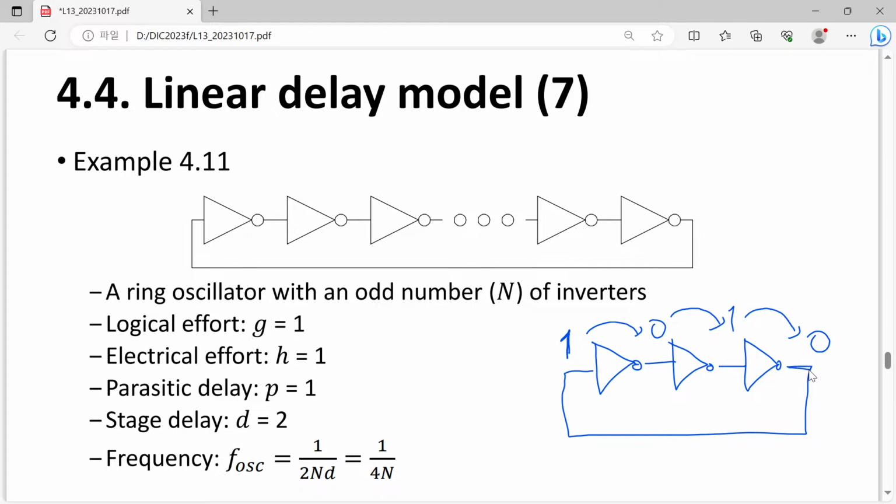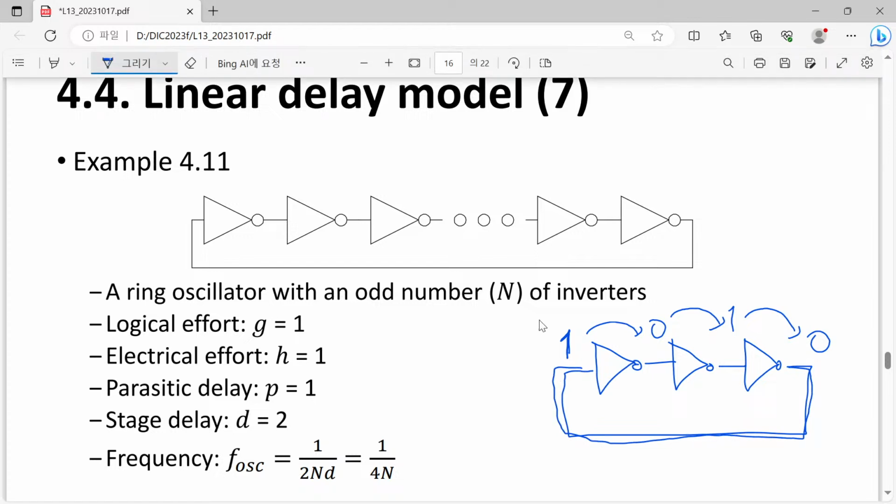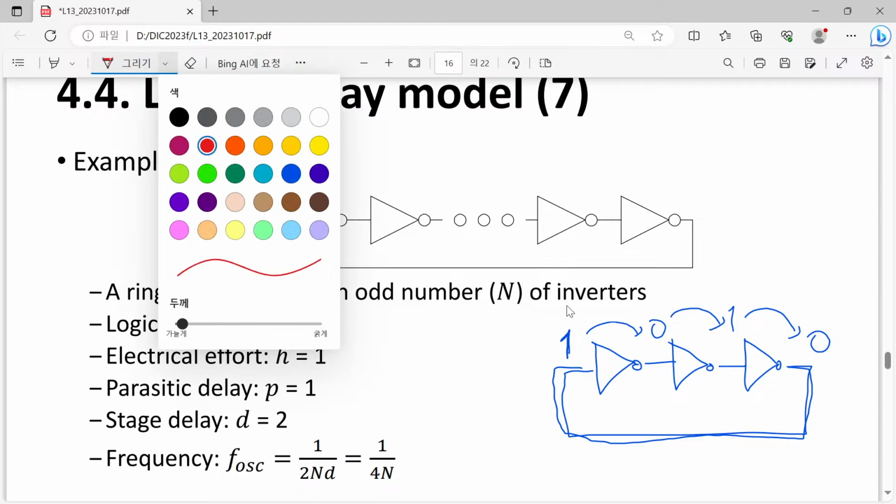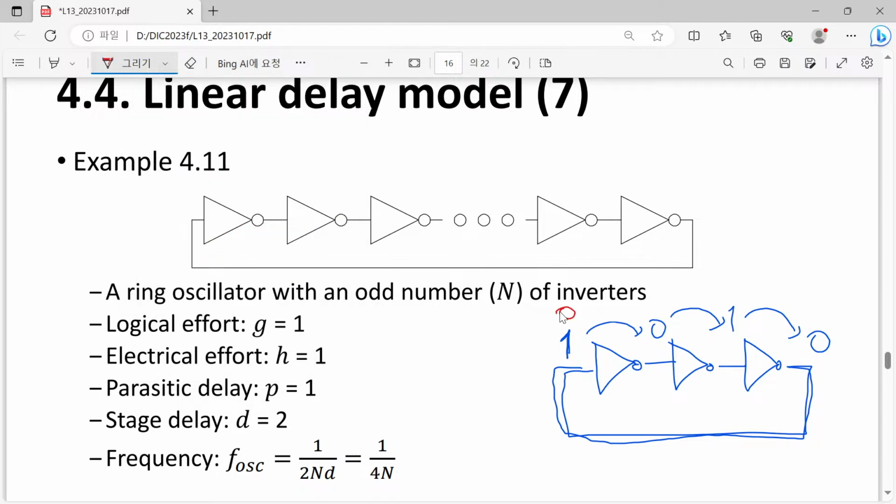This 0 is just connected to the metal line, so input of our inverter chain is now changed to 1. Then after some time later, we will have number 1 and we will have a number 0. After that, we will have a number 1.